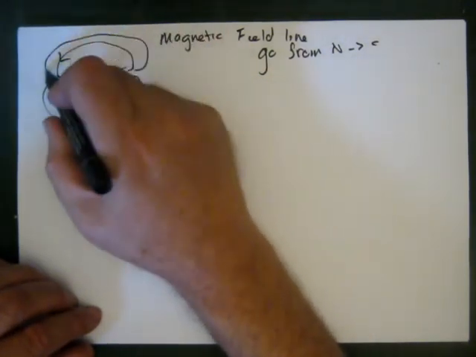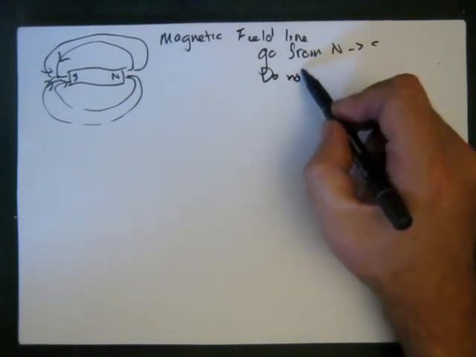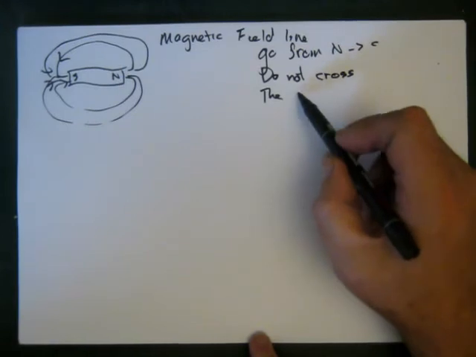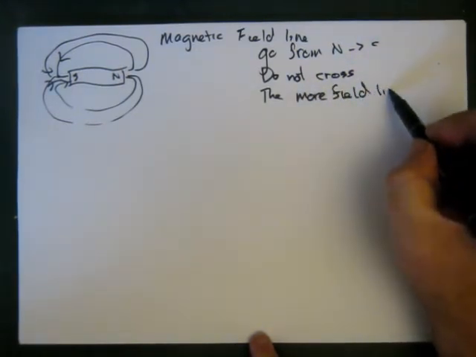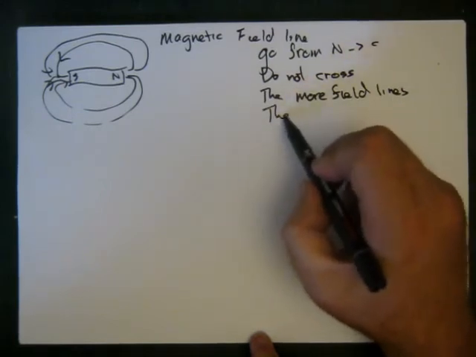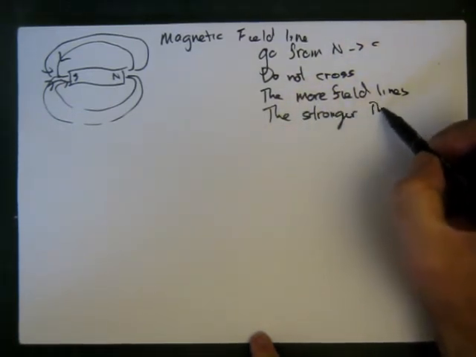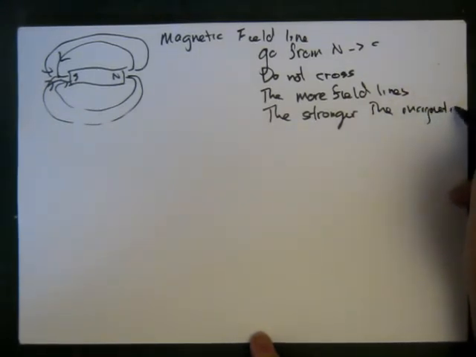The more field lines there are, the stronger the magnet and the magnetic field.